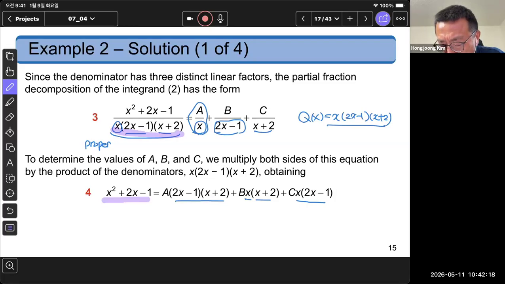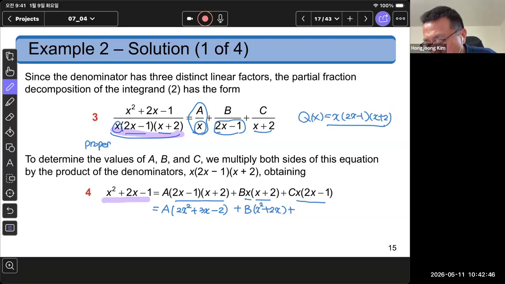Now if I expand (2x minus 1) times (x plus 2), you get 2x squared plus 3x minus 2. Plus, when x and (x plus 2) are multiplied, you get x squared plus 2x. And when x and (2x minus 1) are multiplied, you get 2x squared minus x.